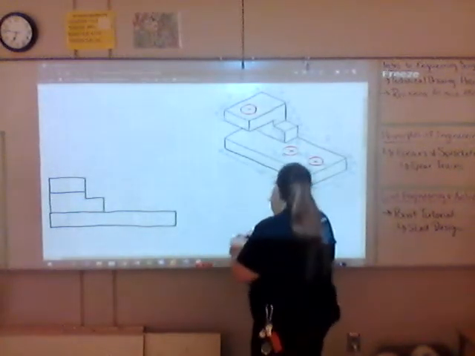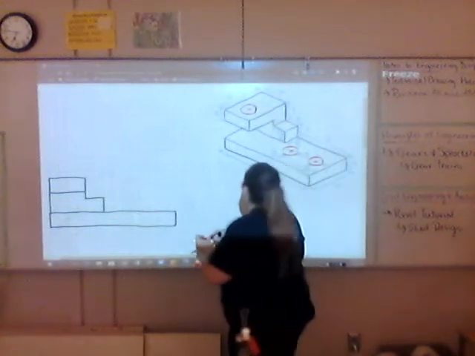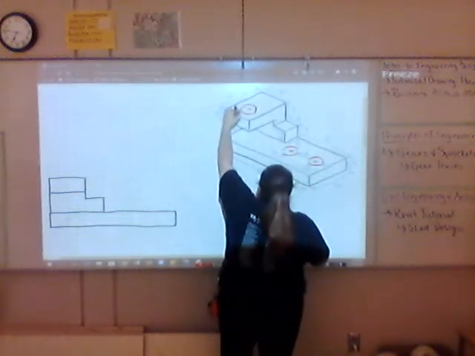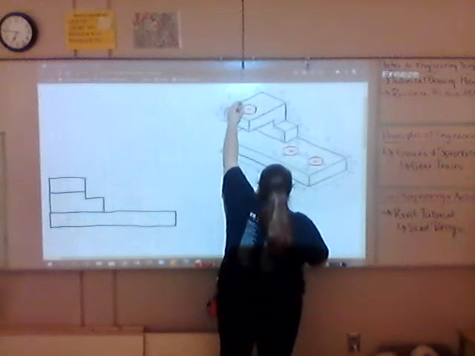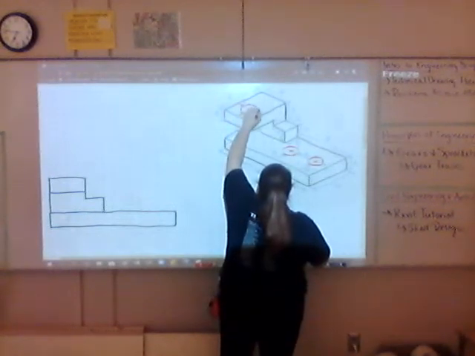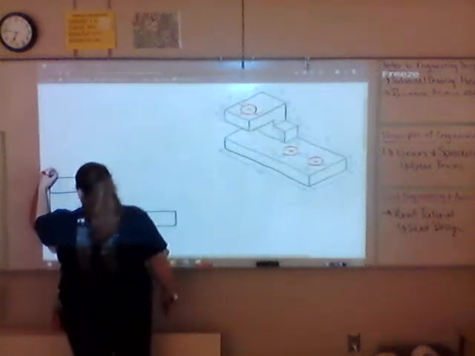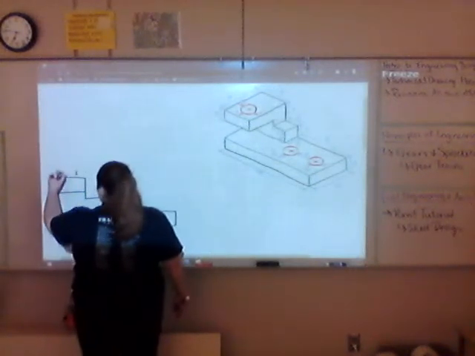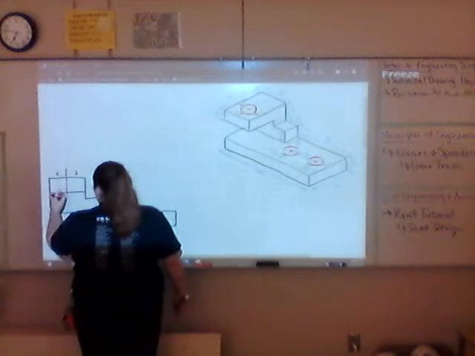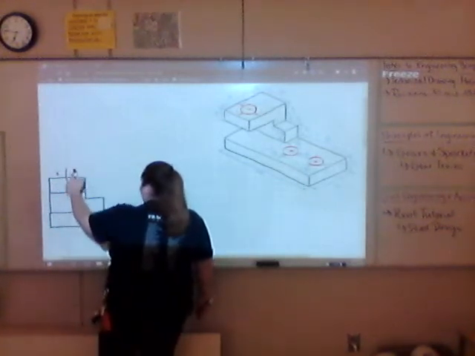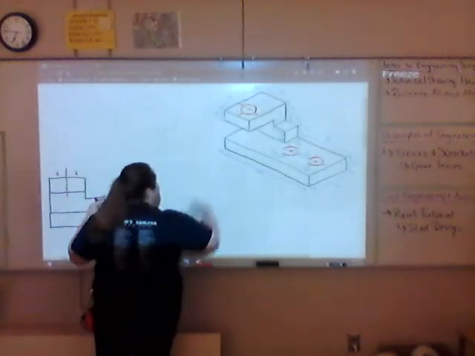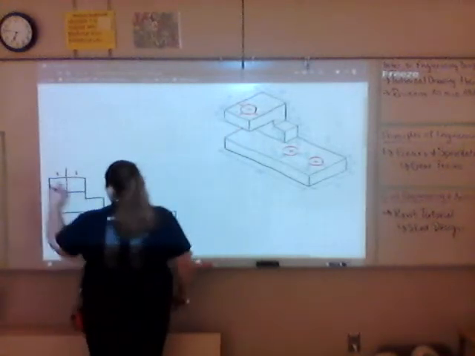Okay? All right, so from here to here is 1, and 1, and 1. Okay, so we're going to have a hidden line here and a hidden line here, meaning our center line is going to be right here. Note that again, it's only breaking these 2 lines because it only goes through this part of the part.